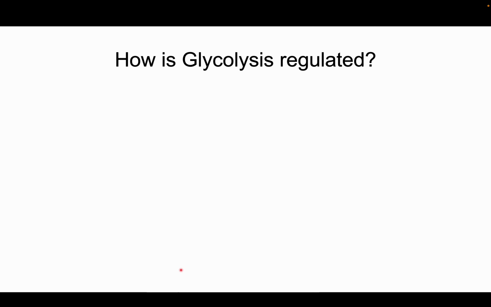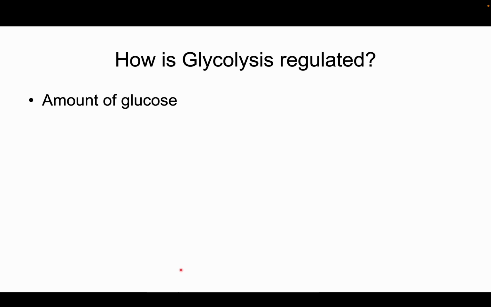Now, the last part of our recorded lecture is the regulation of the glycolytic pathway. There are several factors dictating the speed of the catalysis processes, because there are different steps where different enzymes are involved. First is the amount of glucose.